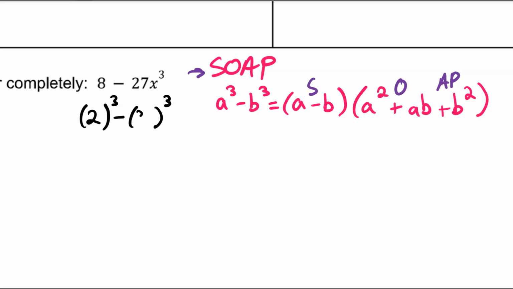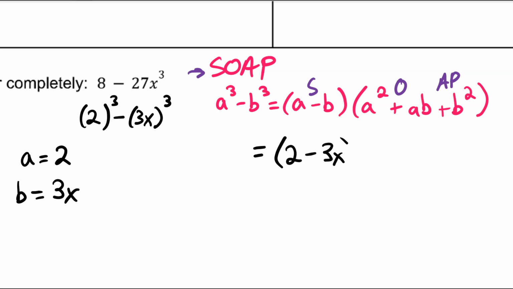Well, 3 times 3 times 3 is 27, and x times x times x is x cubed. So the a that I'm going to plug into that formula is 2, and the b that I'm going to plug in is 3x.